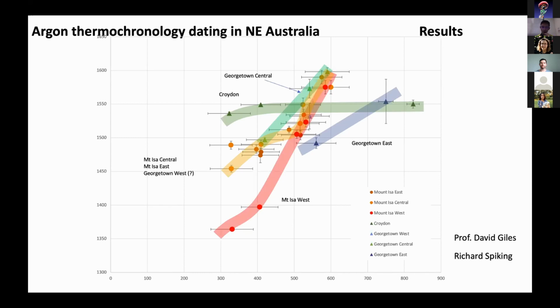But we also see some similarities. In Mount Isa, the central belt, eastern belt, and western belt all cool very similarly, following a similar path after the Isan orogeny. This yellow path represents these two blocks, and it makes sense because they are very continuous. But between the Western Georgetown and the Eastern Georgetown, there's a detachment fault, and also very strong metamorphism grade change from greenschist phases to amphibolite phases.